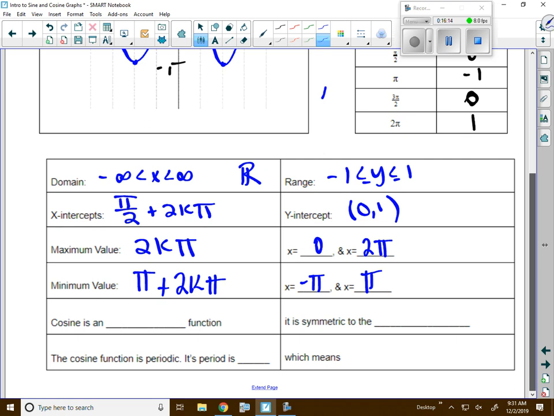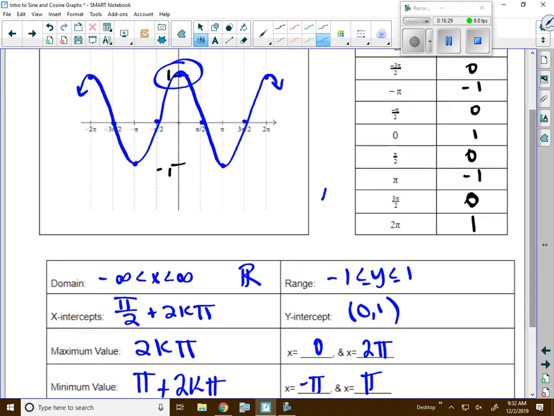Okay, if sine is odd, cosine is even. It's symmetric about the y-axis. So if you look at your graph, if we were to fold this graph over the y-axis, it would be symmetric.